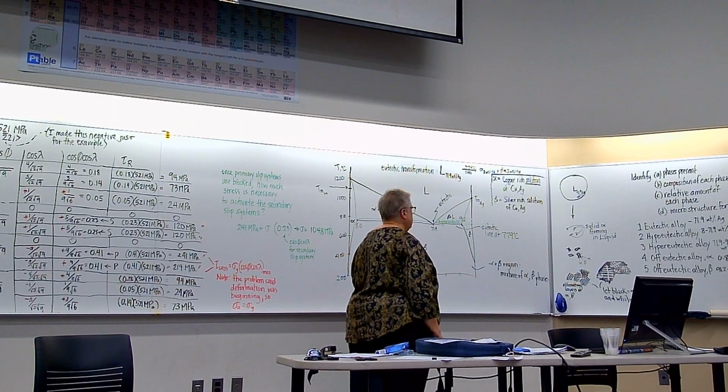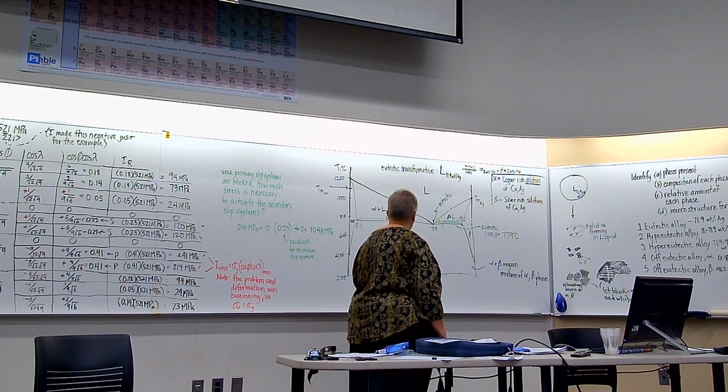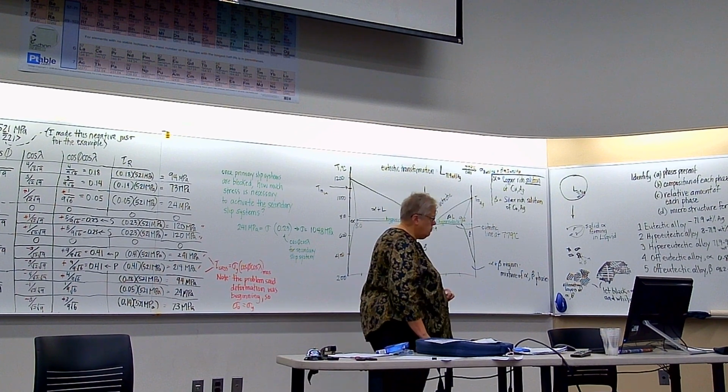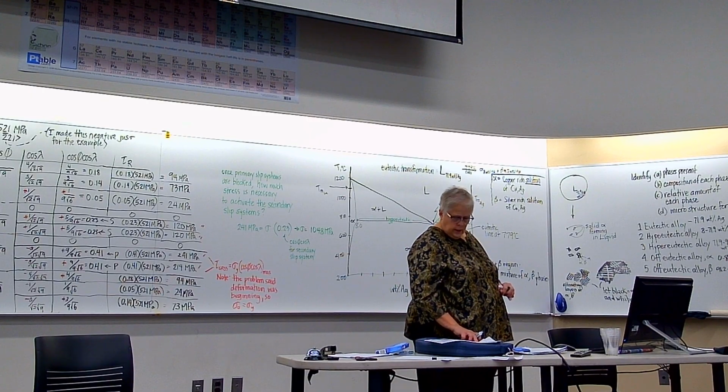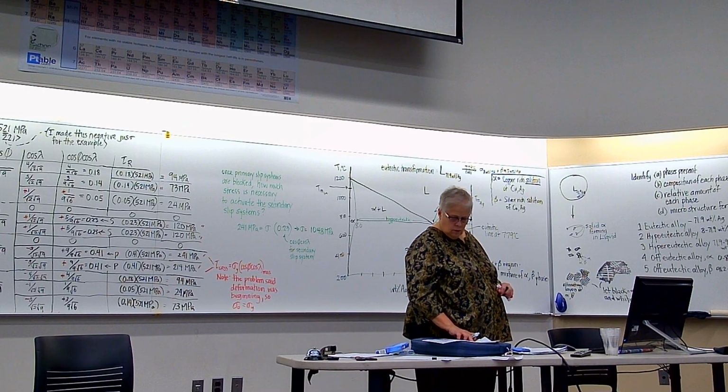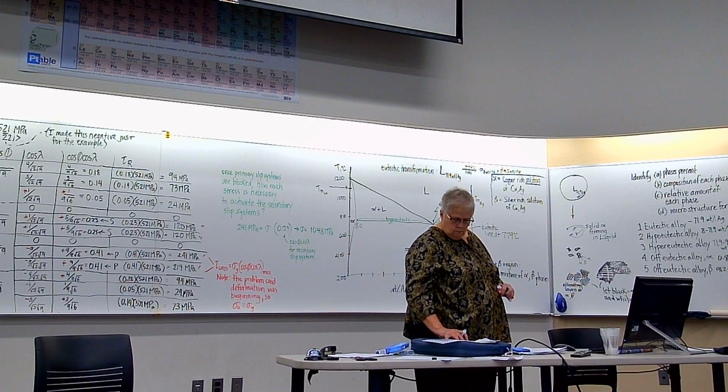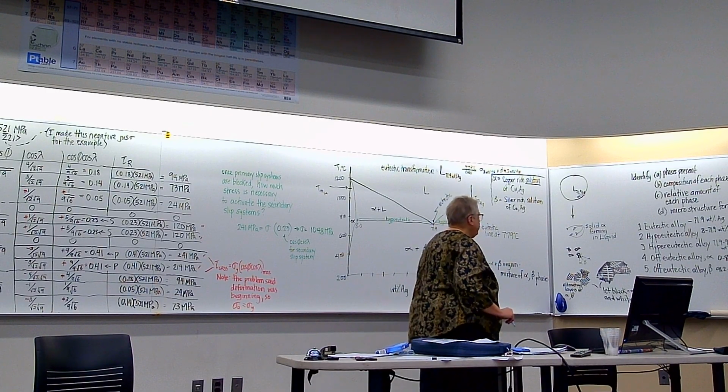So, let's say we're going to use, we'll use 20 for the hypo, we'll use 80 for the hyper, we'll use 5 and 95 for the other two.